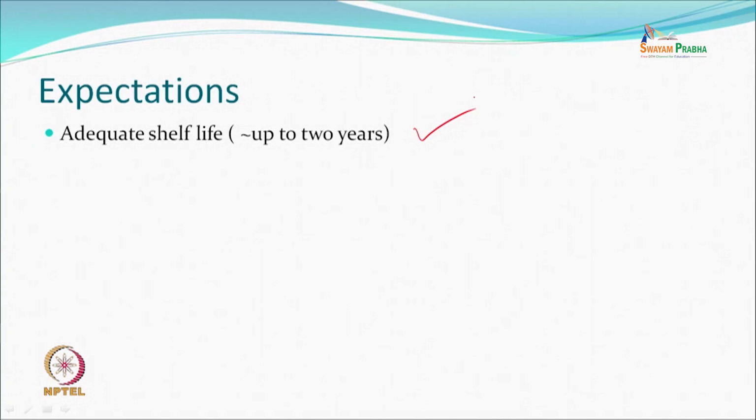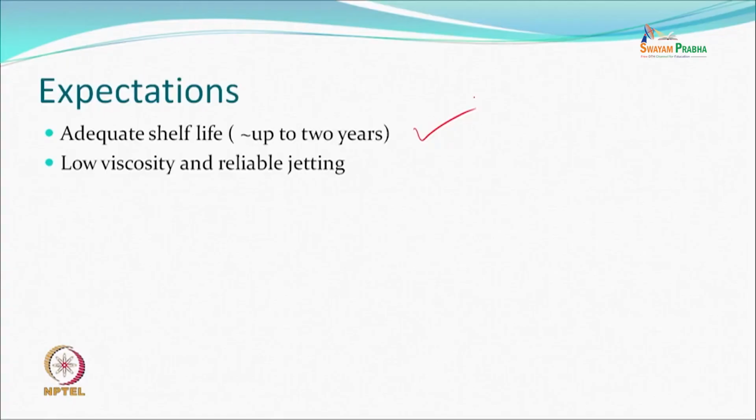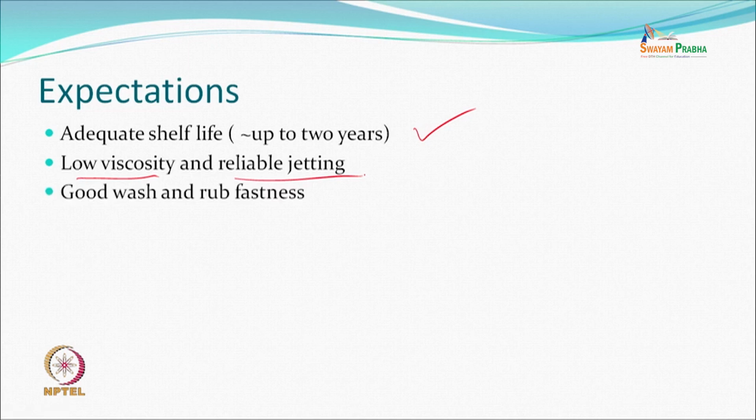But the shelf life of inks is expected to be up to 2 years. That means all the ingredients which we just discussed must remain functional and keep doing their functions. We expect low viscosity and reliable jetting, definitely. Now we are talking about, remember, pigment inks.